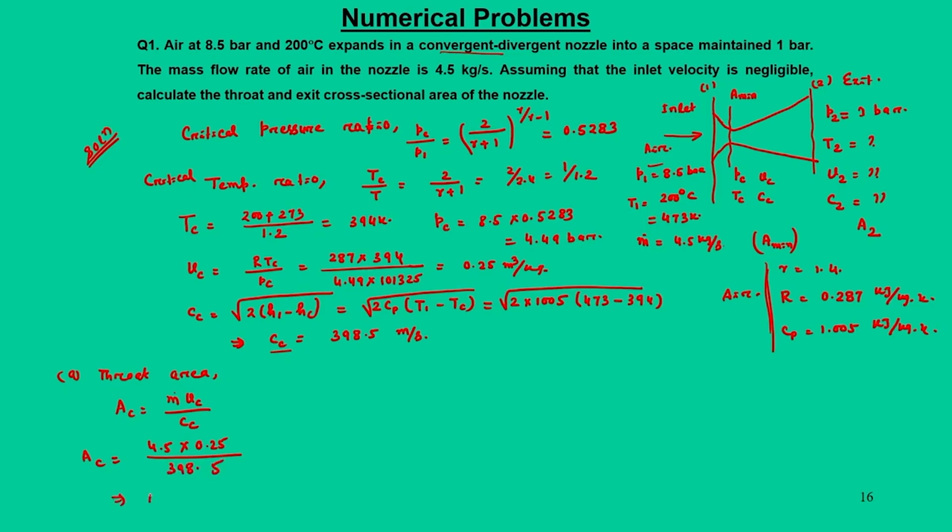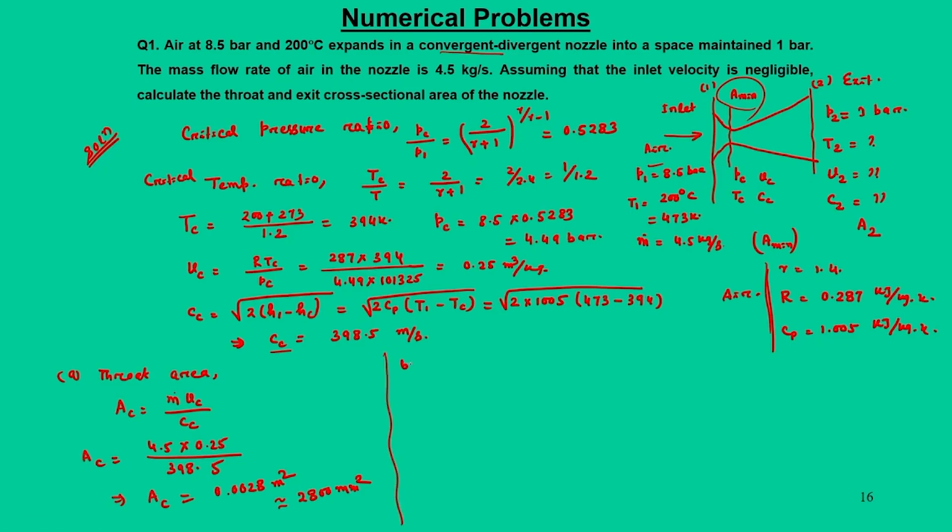This will give you the throat area as 0.0028 meter square or approximately 2800 millimeter square. So, this minimum area, the throat area, is 2800 millimeter square.